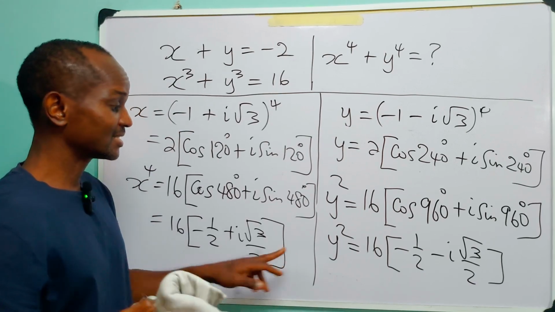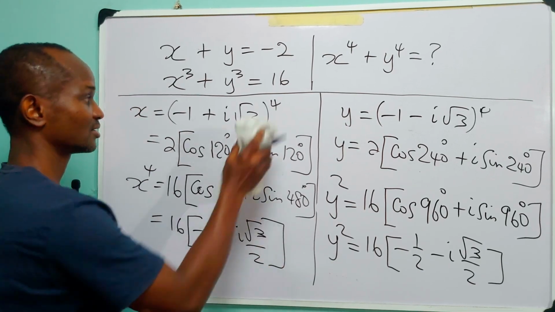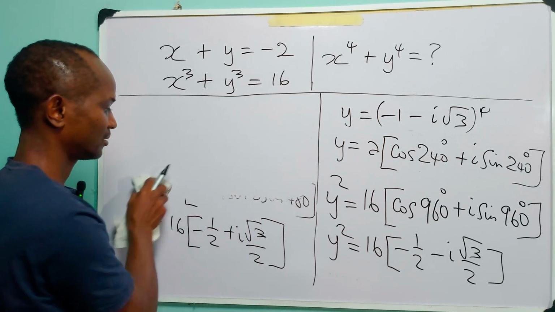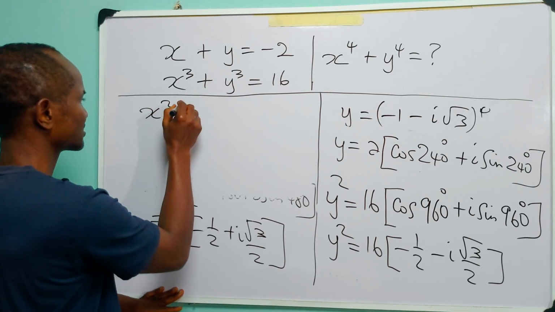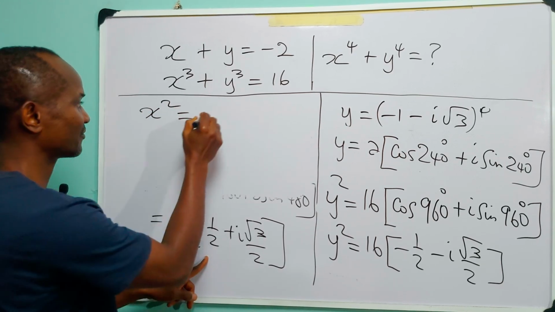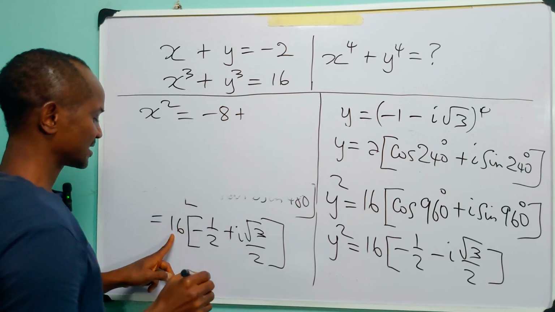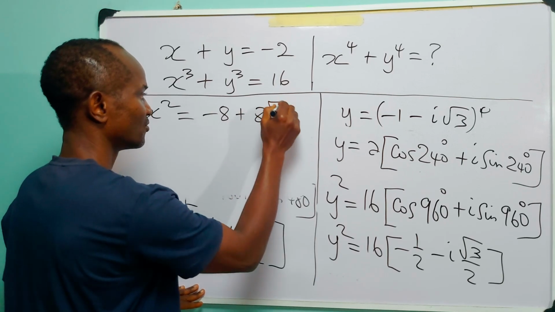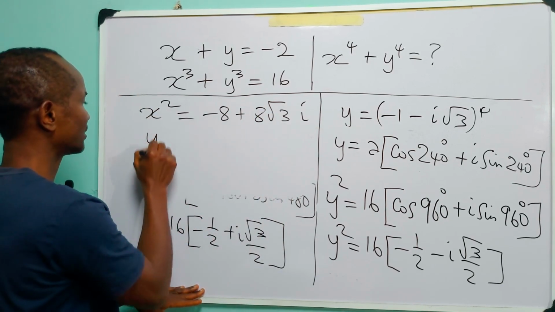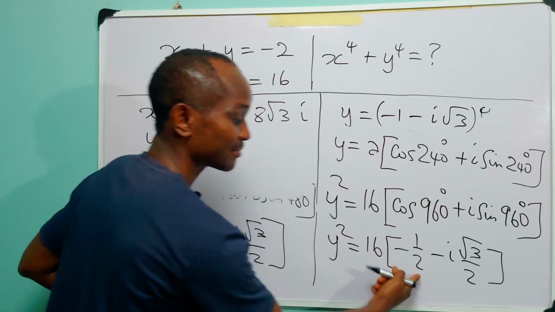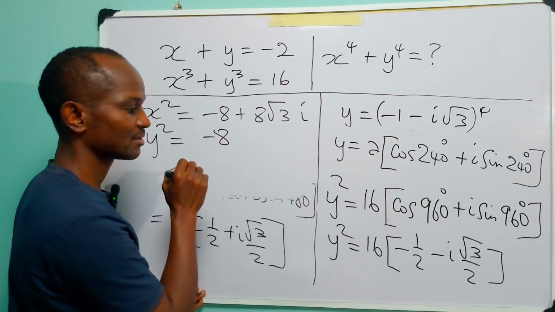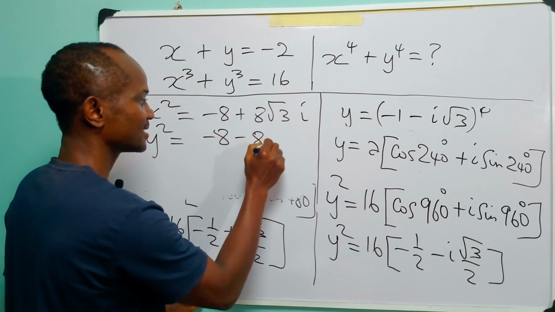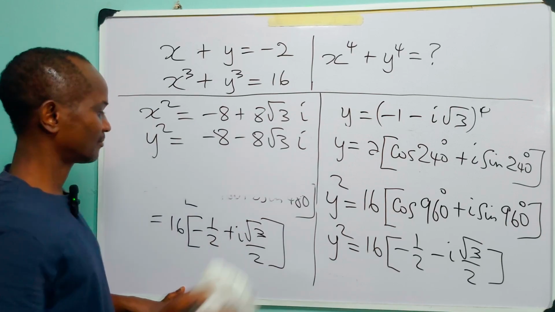So all that we do at this stage is to evaluate this and add. So we have that x to the 4 is equal to 16 times minus half, which is minus 8, plus 16 into root 3 over 2, which is 8 root 3i. And y to the 4 is equal to 16 times minus half once more, which is minus 8, and 16 into minus root 3 over 2 is minus 8 root 3i.